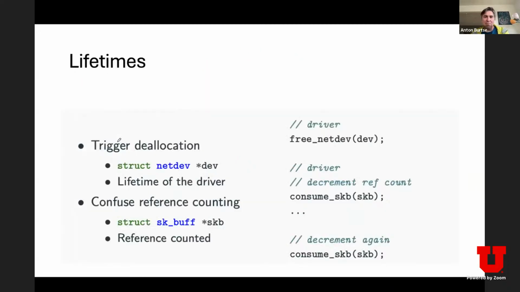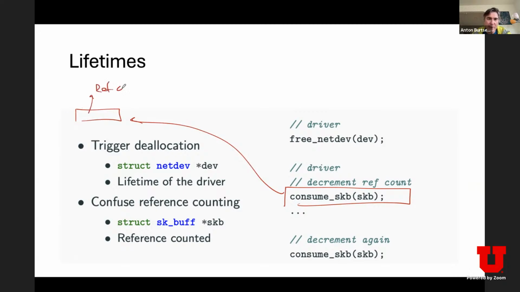Same with lifetimes, very practical attacks. Sometimes the drivers control lifetimes of objects in the kernel. For example, this consume SKB function is not executed in the driver. It calls into the kernel and says, okay, look, I'm implementing a reference counter on the SKB packet, right? And if the attacker says, well, why not do it twice?